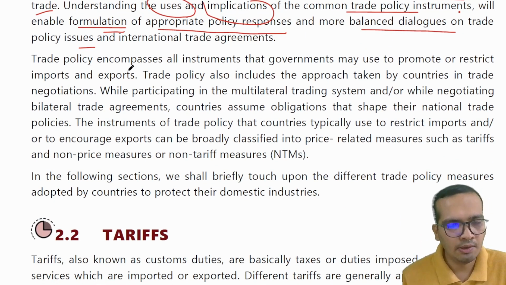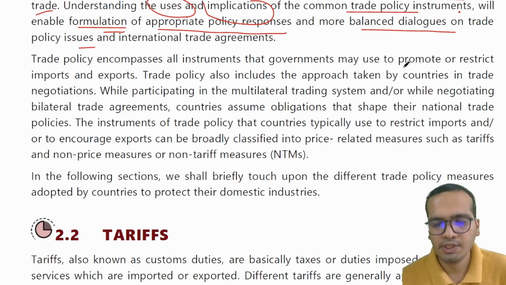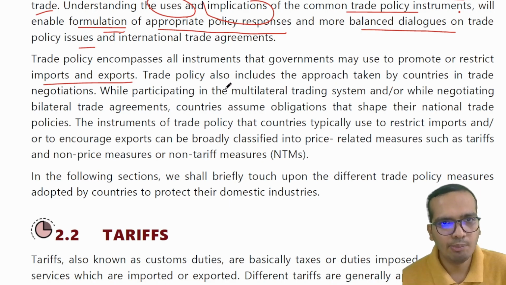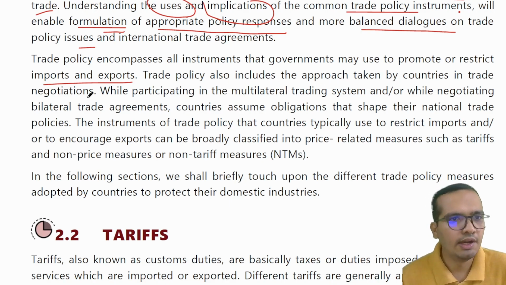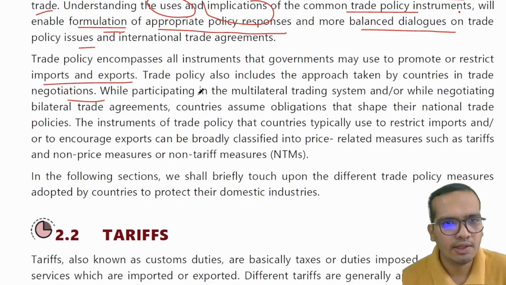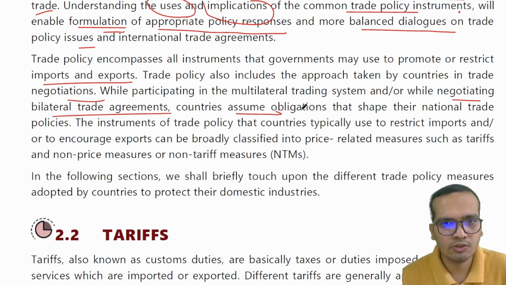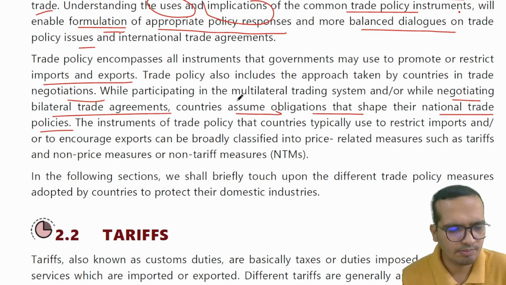Trade policy encompasses all instruments that government may use to protect or restrict import and export. Trade policy also includes the approach taken by countries in trade negotiations. While participating in the multilateral trading system and or while negotiating bilateral trade agreements, countries assume obligations that shape their national trade policies.